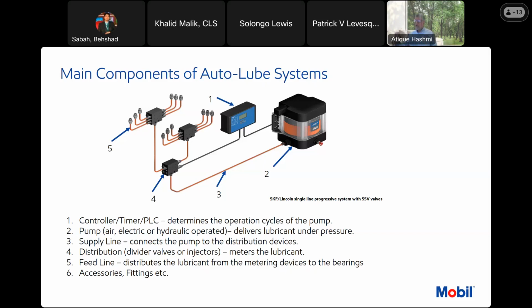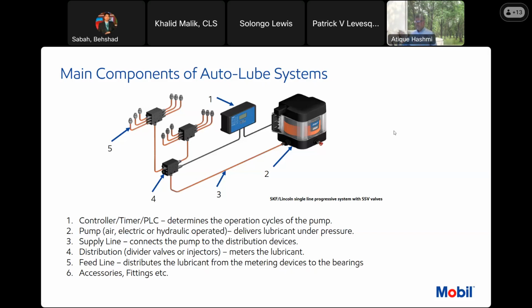You have to go and fill it, so different methods. And for the air, the best way is to disconnect the fitting. If you have an air entrapped in the supply line, just disconnect the fitting and then just purge with the grease gun. That's the most simple way to remove the air entrapment. Okay, that answers your question.